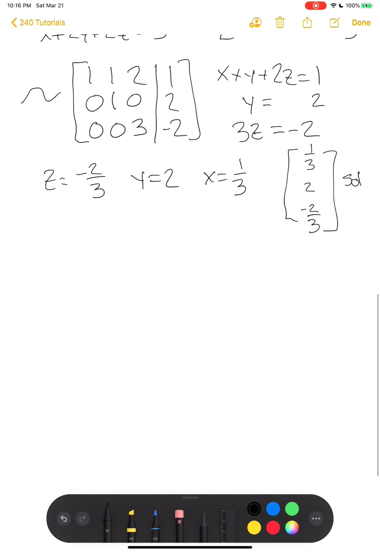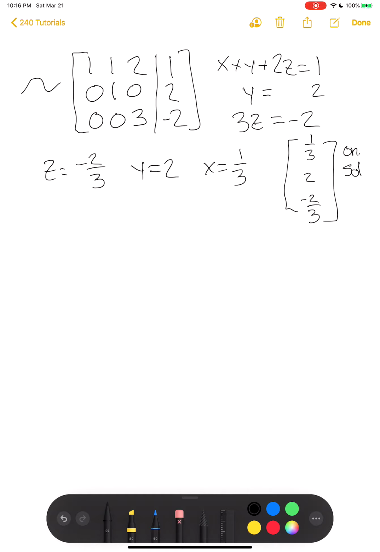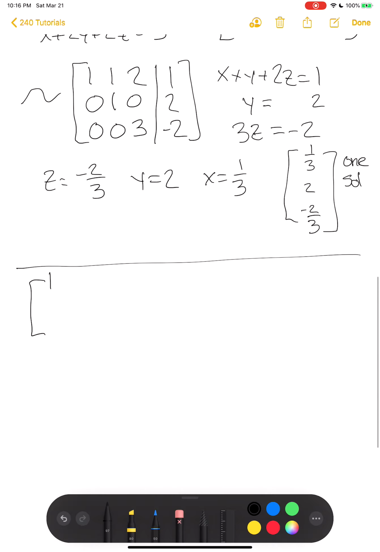Now let's look at a different matrix. Let's do 1, 2, 3, 0, 1, 2, 0, 3, 6. Let's augment that with 1, 2, and 6.